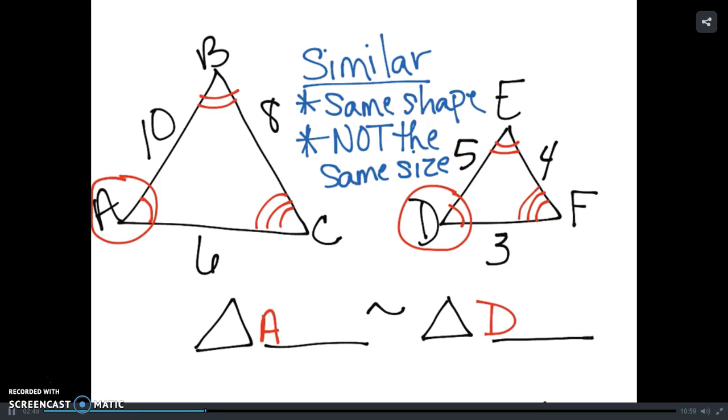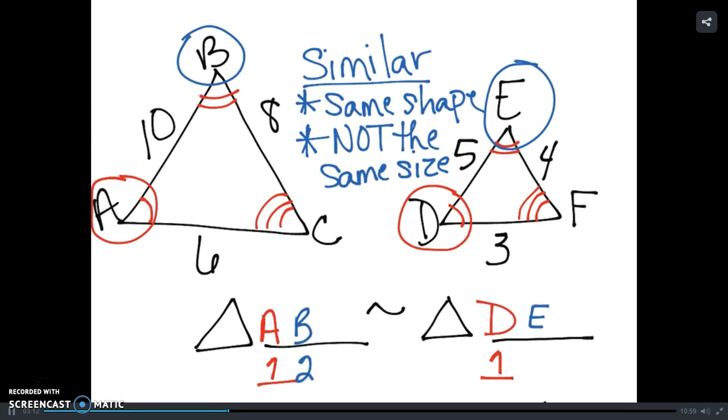So if I write A down in the first position here, then I need to write down its corresponding angle, angle D, in the first position on the second triangle's name. Then angle B here has 2 tick marks, and angle E has 2 tick marks, so they both go into the second position of their respective triangle name.